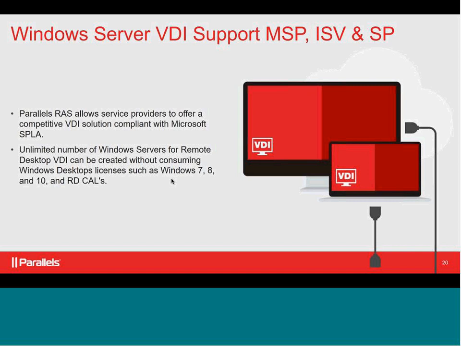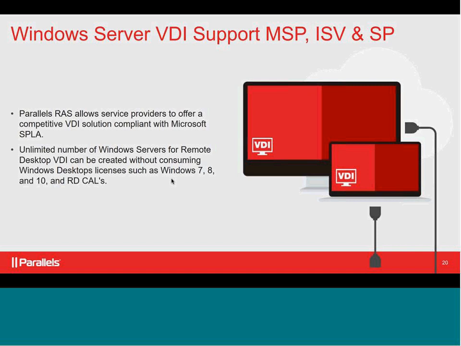So if you need 100 virtual desktops and you have the infrastructure and the Windows Server Datacenter Edition, you collect 50 of those and use two desktop licenses given by Microsoft because that's already included, and reduce your operational costs.